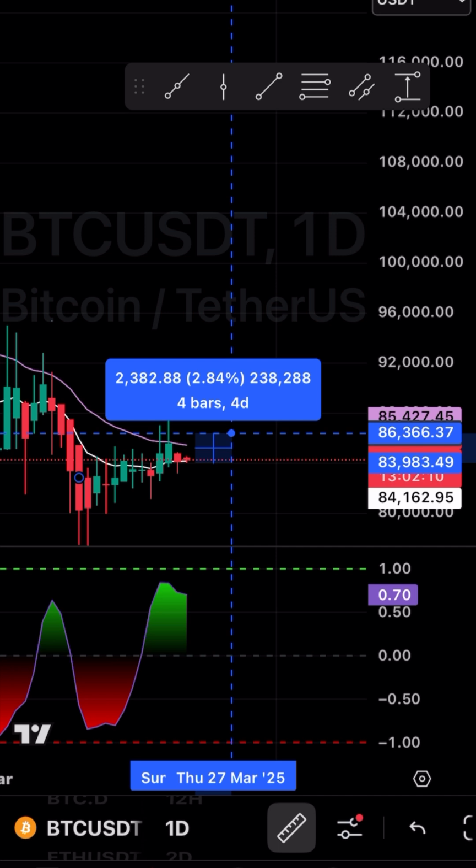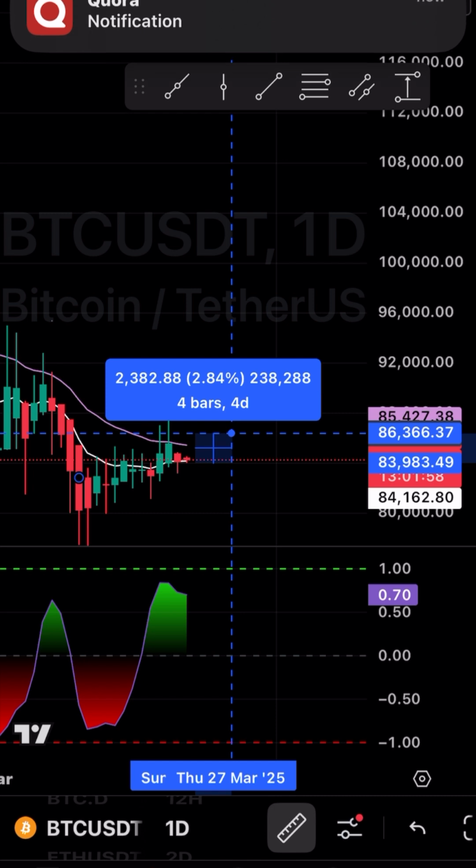So it starts to get easier and easier because the amount that you need to accumulate is less. So this is a $100 move, and that is pretty much doable.